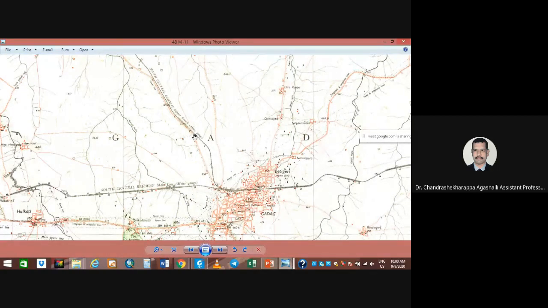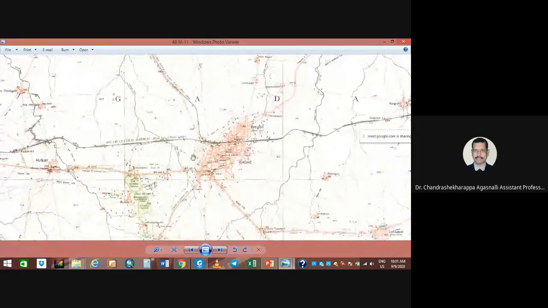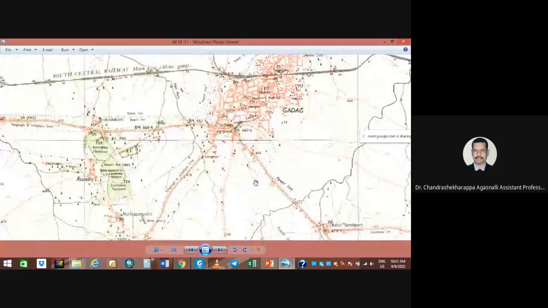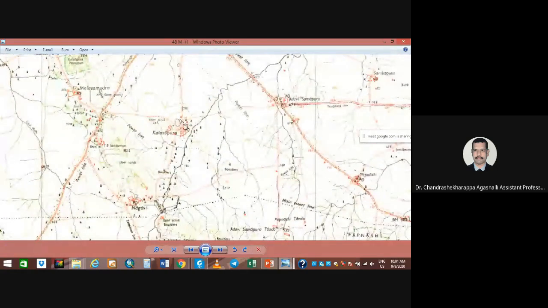For that you need to do the elevation survey: which area is highly elevated, which place is lowland, highland, what is the difference between the RLs, and how deep you need to go to supply a particular place. How we are going to fix the pipeline, those things we need to survey. That's called your survey. What are the features, or the remaining features?